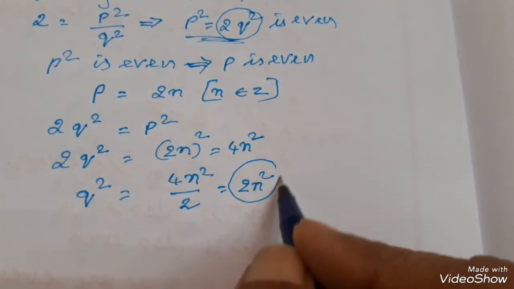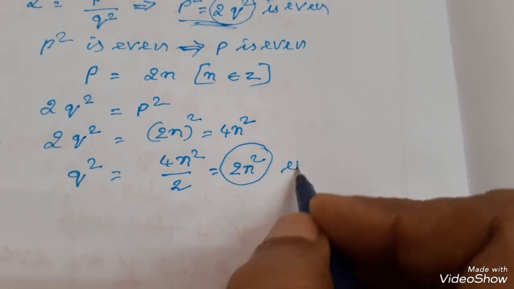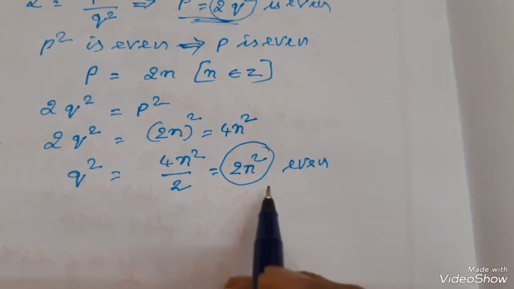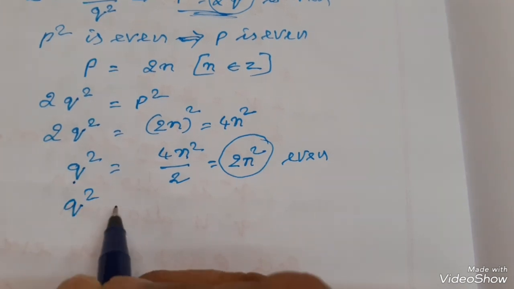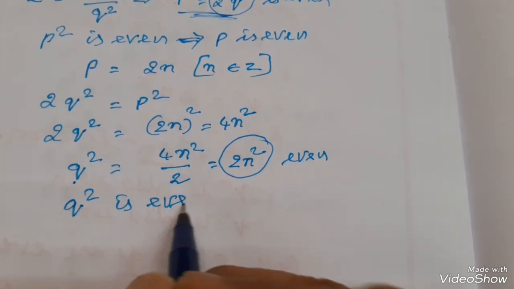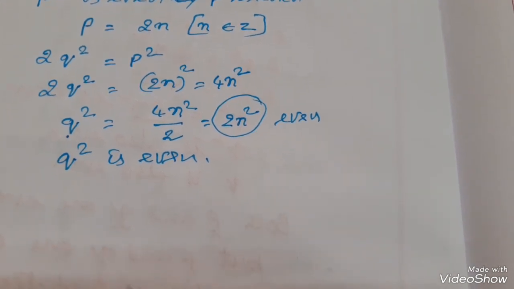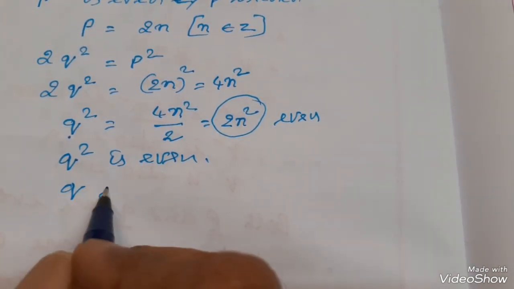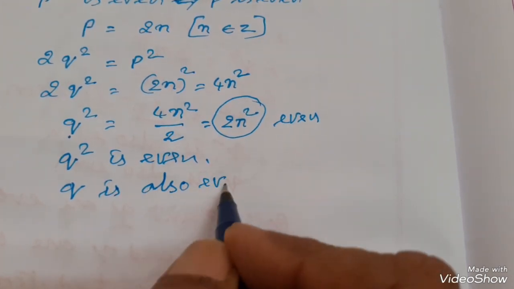Again 2n square is a multiple of 2, so it is even, which is equal to q square. Therefore q square is also even. When q square is even, we can say q is also even.